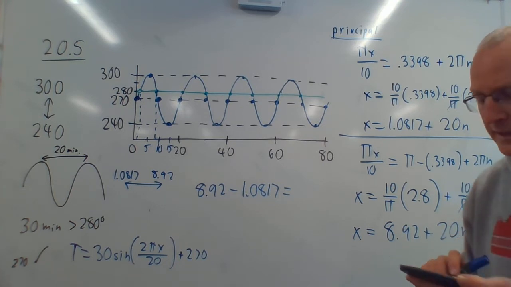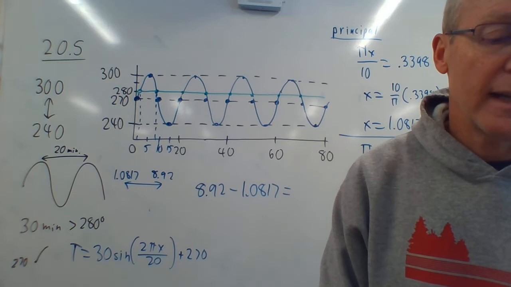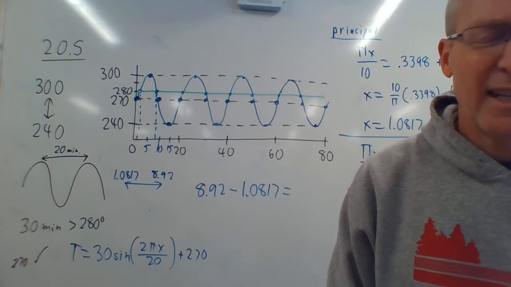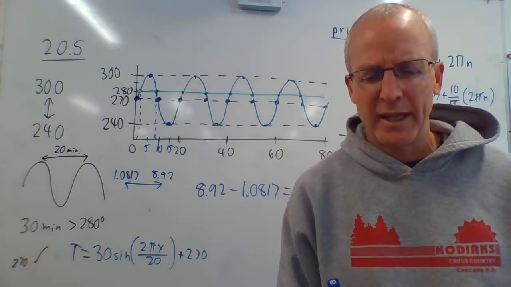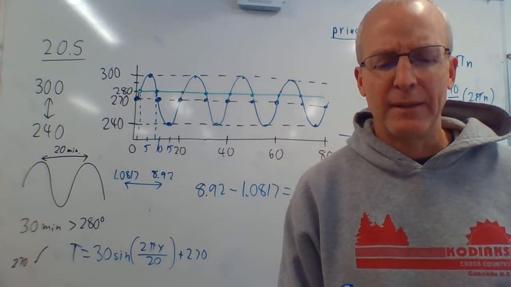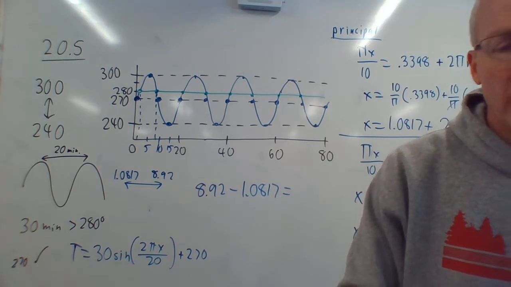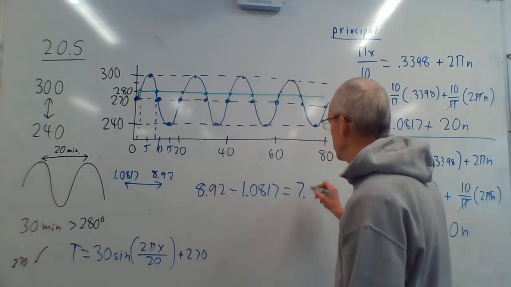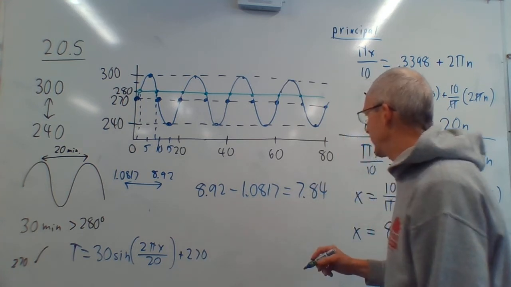I kept all the decimal places in my calculator so I can get a better answer than I wrote down. 7.83668. Where do you round that off? Let's say 7.84 minutes.